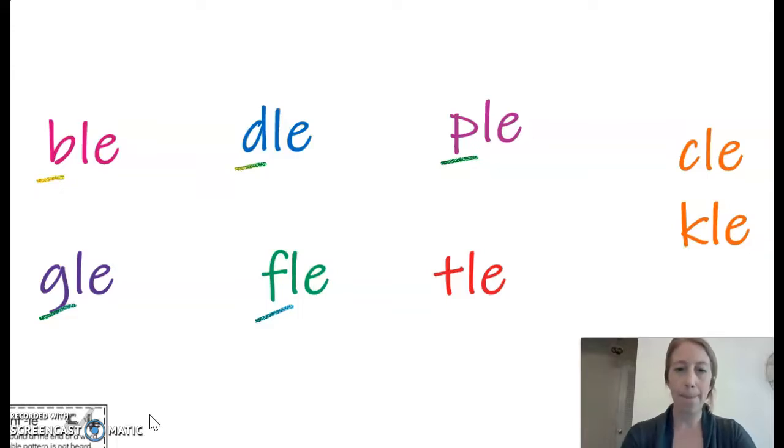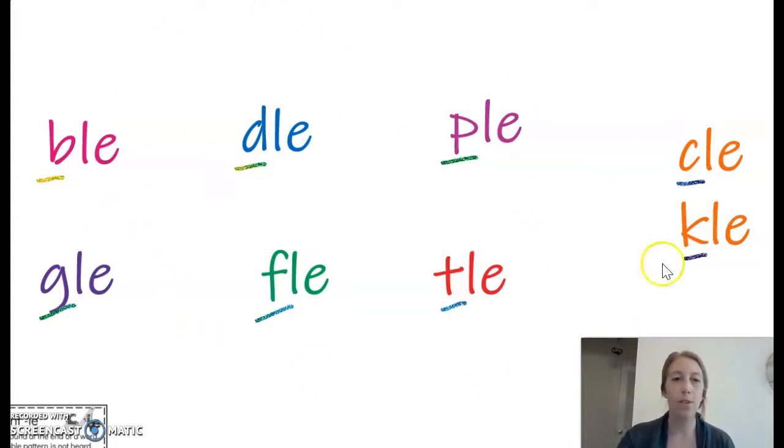We don't hear the E. Toll, like turtle. And then I put CLE and KLE together because they're both going to be saying that coal sound. So these are our consonants, coal, okay? So these are the different examples of a consonant LE syllable.